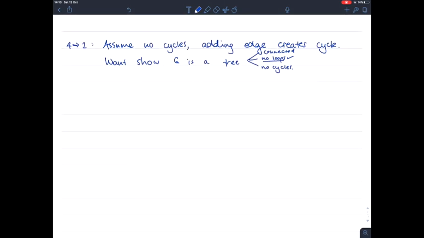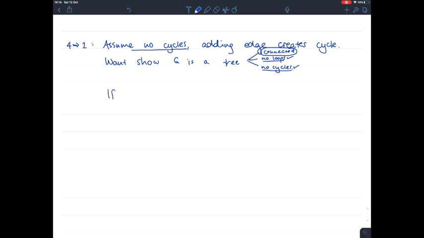And because we're going from point 4 to point 1, we assume that there are no cycles. So the only thing that we really have to prove is that if 4 is true, then the resulting graph is connected.